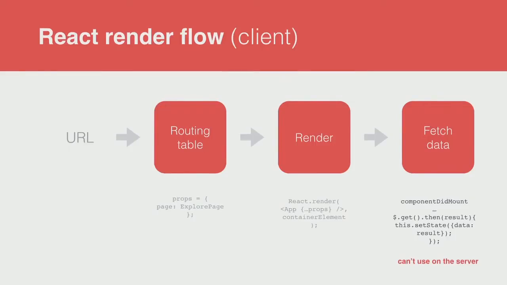And because of the way React works, it will just re-render for you and take care of everything. And this is all quite nice. But when we're talking about rendering React isomorphically, we can't use this. So why? Because componentDidMount is not called on the server at all.